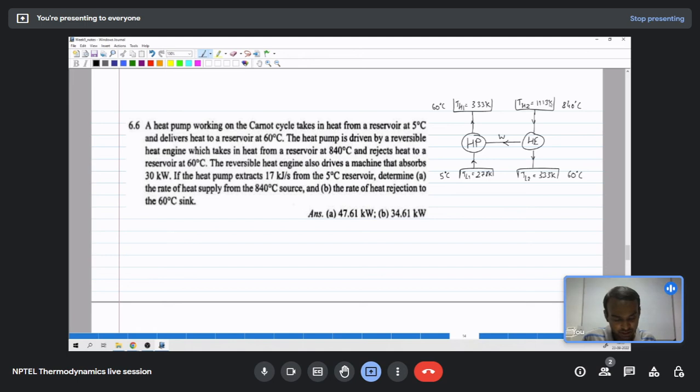Now the reversible heat engine also drives a machine that absorbs 30 kilowatt. So that means the entire energy from here doesn't go here. So I say W1 is transferred to the heat pump, and W2 is generated by the heat engine, and W2 is W1 plus 30 kilowatts.